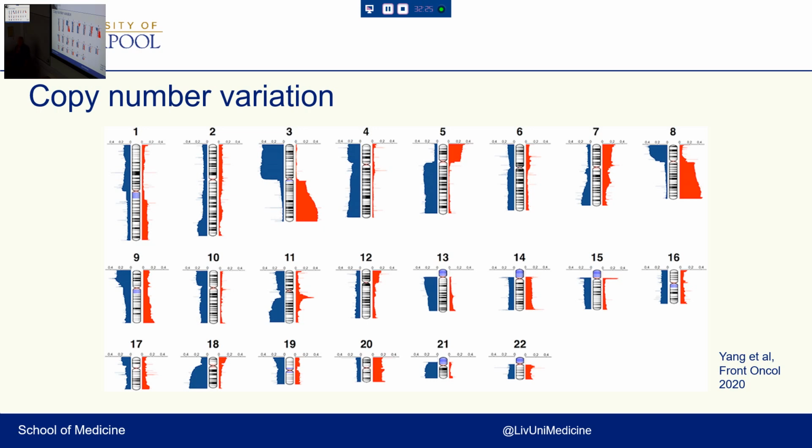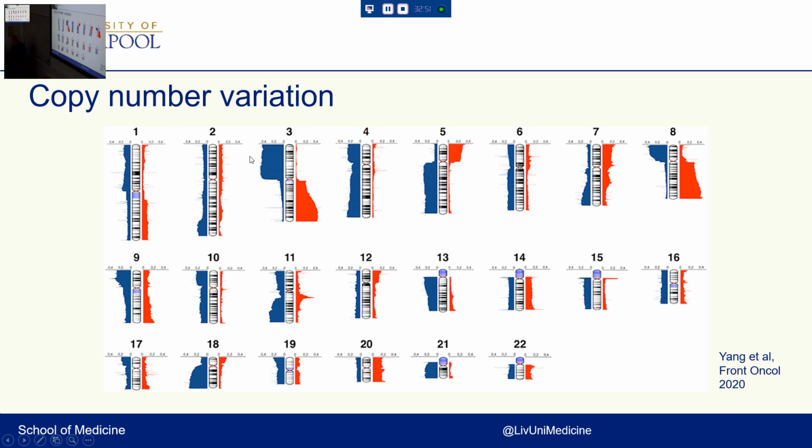So we're going to step down through the cancer genomes, if you like, of these and see what they have to say to us. Overall in head and neck cancer, this was a large study looking at the copy number variation that we get in head and neck cancers as they develop. And you can see here the extent of copy number variation across the cancer genome. We're getting large areas of gain and loss.